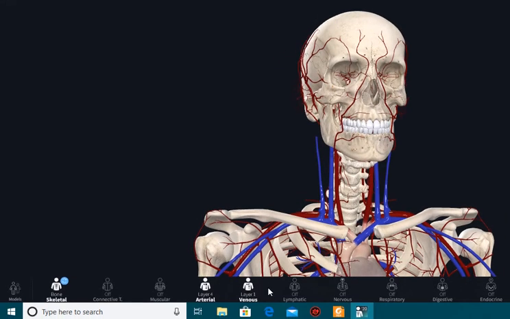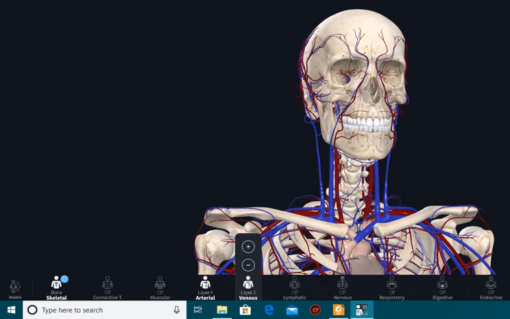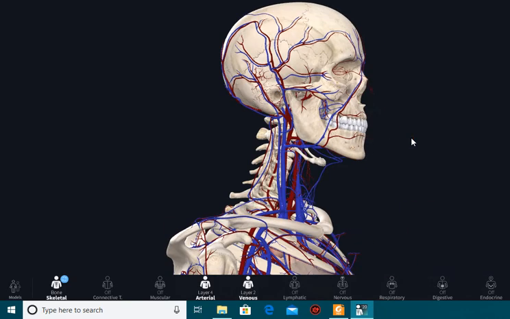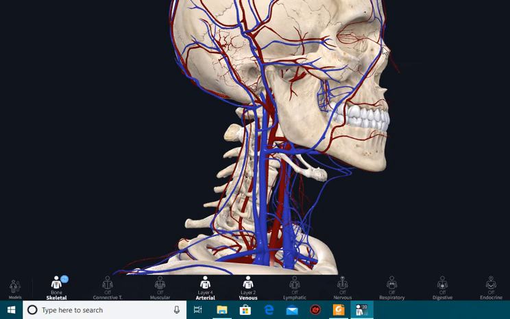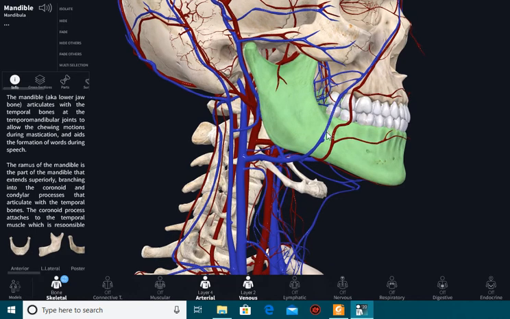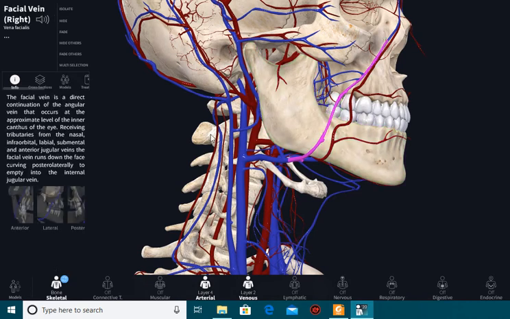So now let's continue and increase the venous drainage. We see that the external jugular vein is going to receive from different portions. We have this portion here which corresponds with the facial artery, so this portion here is a facial vein.